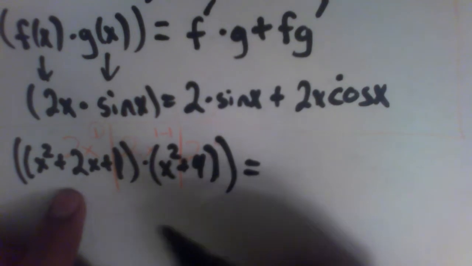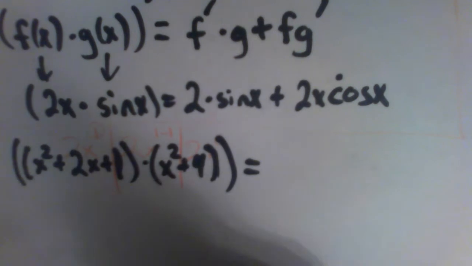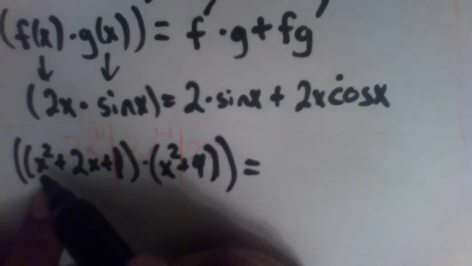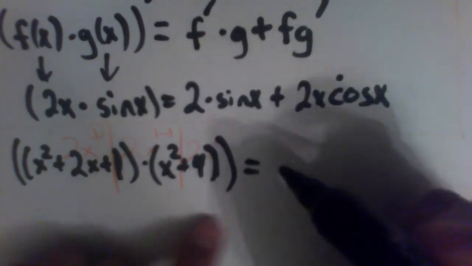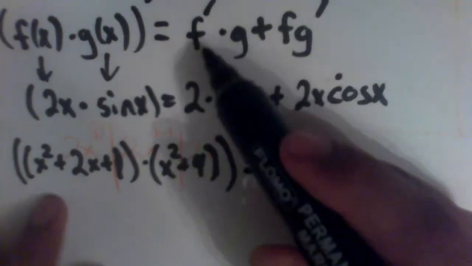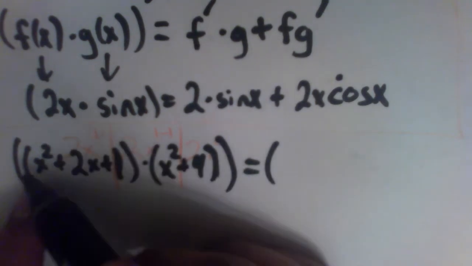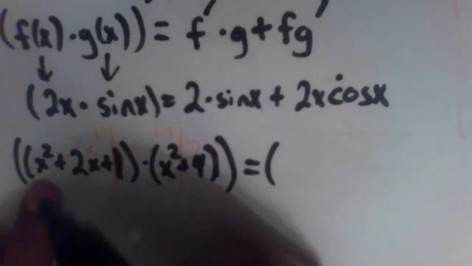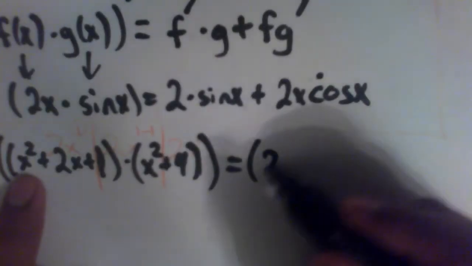Since the derivative is a linear operator, all you have to do is take the derivative piece by piece and then add them all together, right? So what's the derivative of x squared? That's 2x, because 2 times the coefficient, and then 2 minus 1 power, so that's 2x.